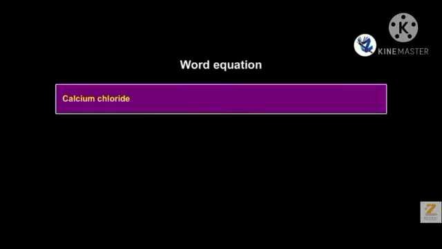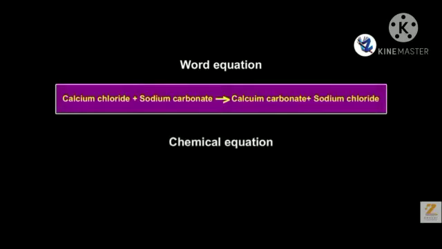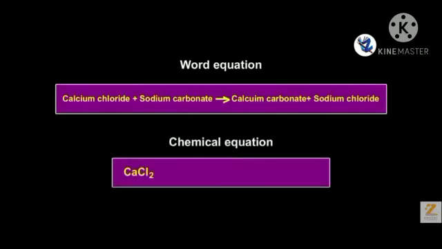So, word equation: calcium chloride plus sodium carbonate gives calcium carbonate plus sodium chloride. Then the chemical equation, unbalanced: CaCl2 + Na2CO3 gives CaCO3 + NaCl.